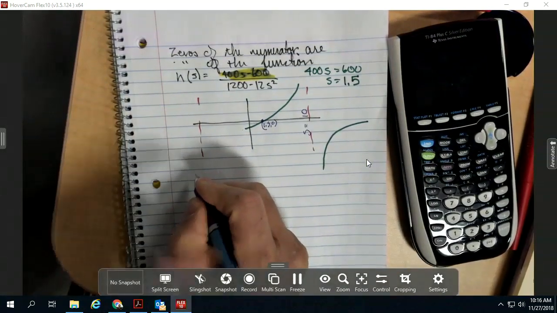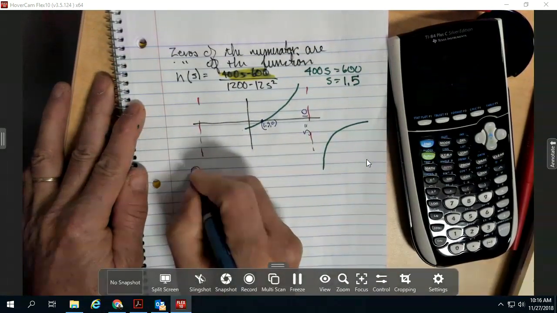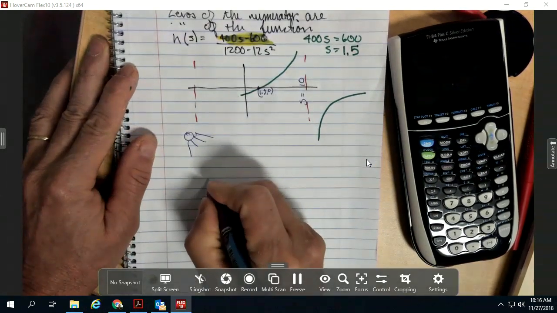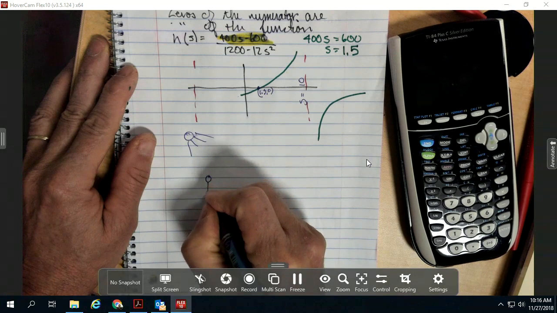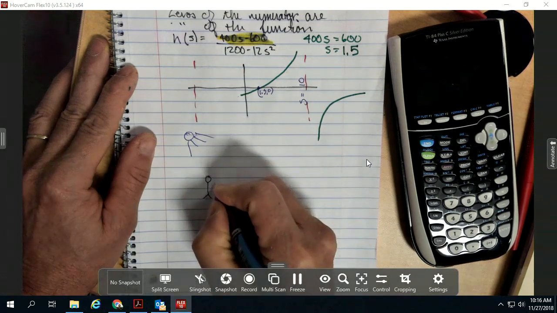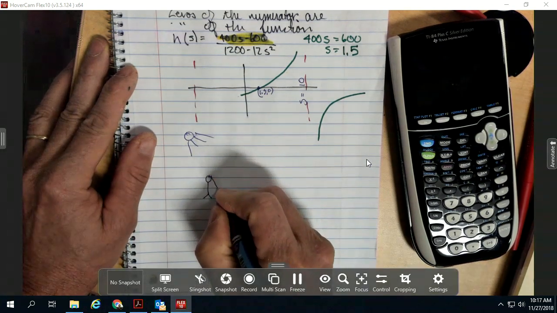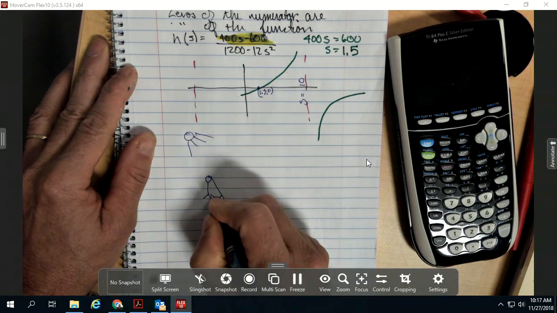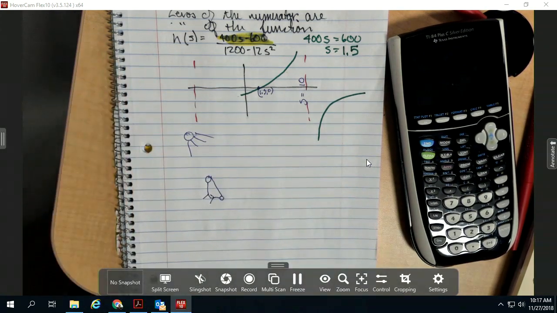Okay, so here's the light. If you are here, your shadow is down here, in which case your shadow is going slower than you are, correct?